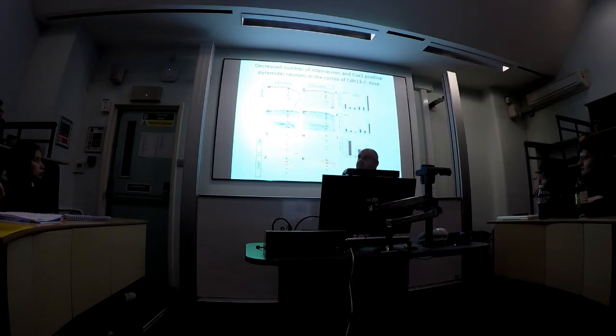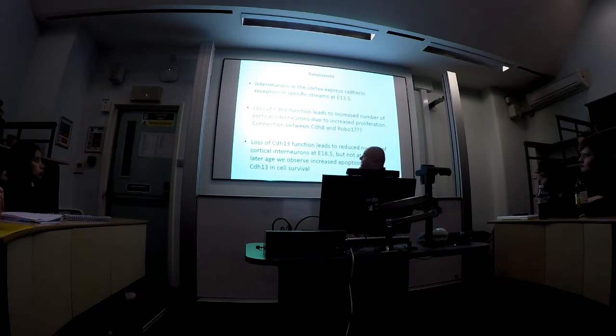So when we look for apoptotic markers in these mice, we actually see more apoptosis, suggesting that the neurons are not surviving, which may hint that this is one of the mechanisms why you see neurological defects in these mice.